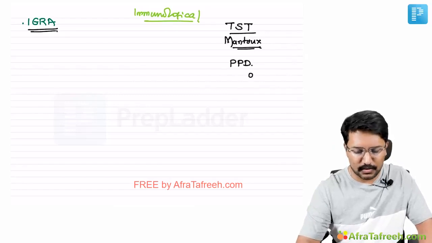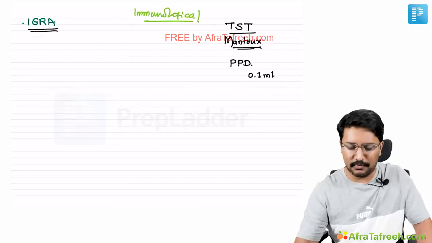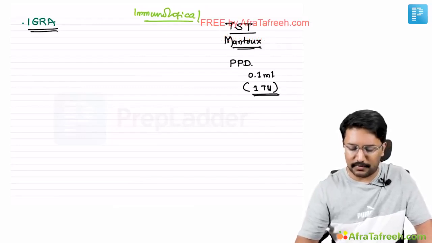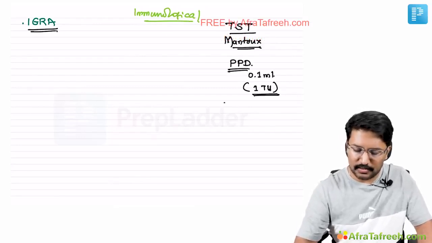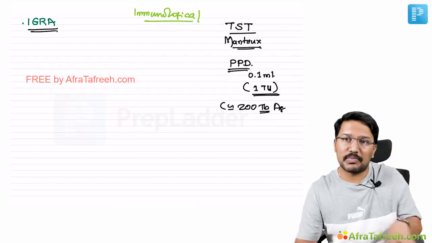The amount of the purified protein derivative we use is 0.1 ml, which roughly contains 1 TU of the purified protein derivative. This PPD usually contains around 200 different tubercle bacilli antigens, and it is not species specific.